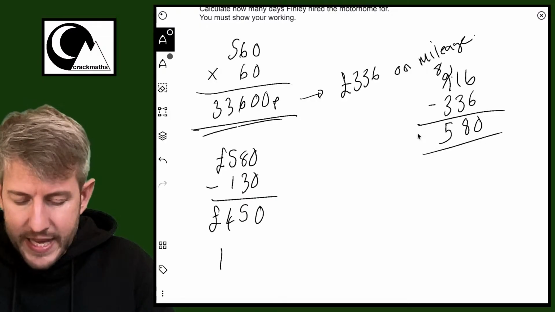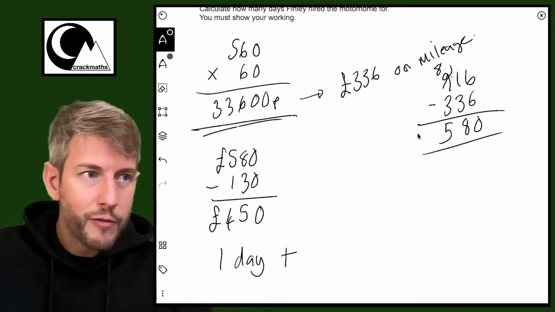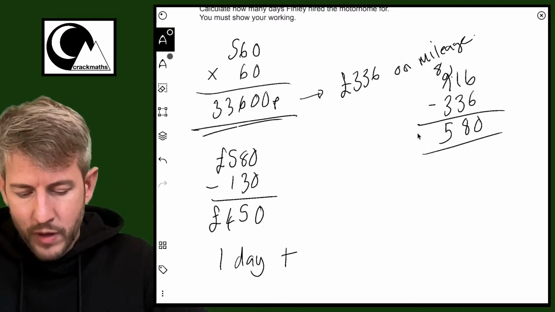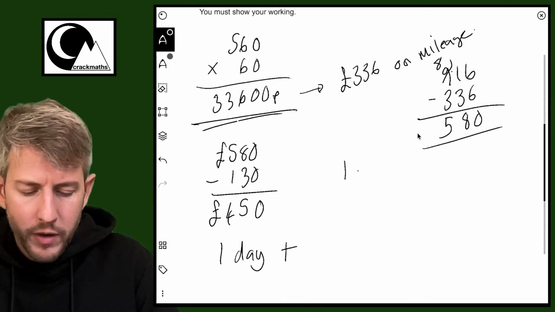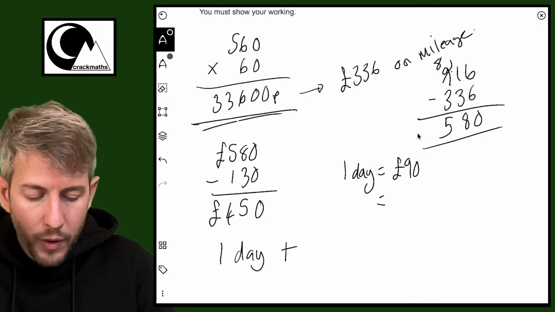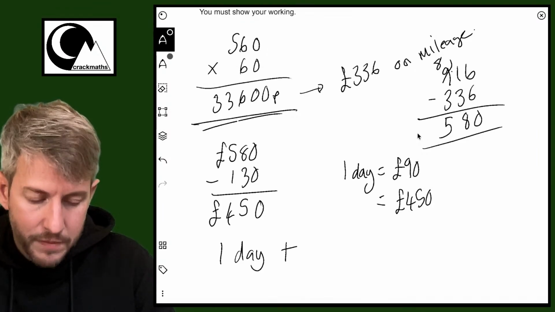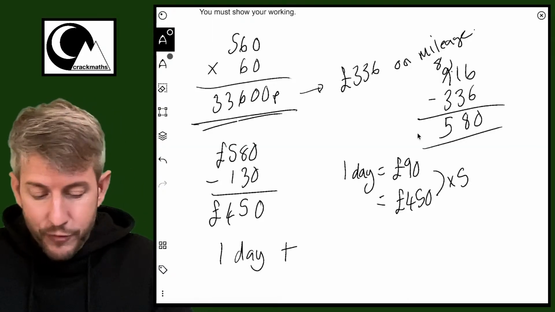So we had 1 day plus the rest of the days, okay? For the rest of them, we know that 1 day equals £90, but we spent £450. Well, I can see that 90 times 5 equals 450.